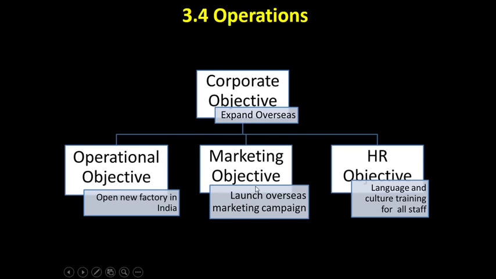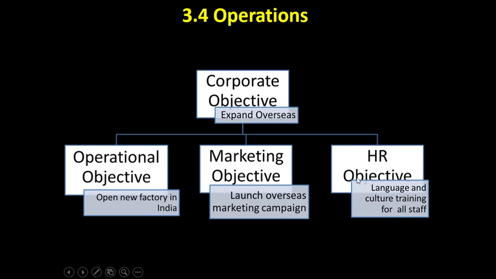But what are the marketing department doing at the same time? Well, in order to help the company achieve this objective successfully, it's no good just having a factory there. We need to let customers know about our product. So the marketing objective may be to launch an overseas advertising campaign to raise awareness. What's the people function? What's the human resources objective that will enable us to achieve our corporate objective of expanding overseas?